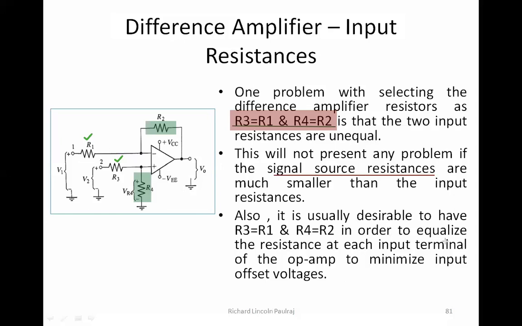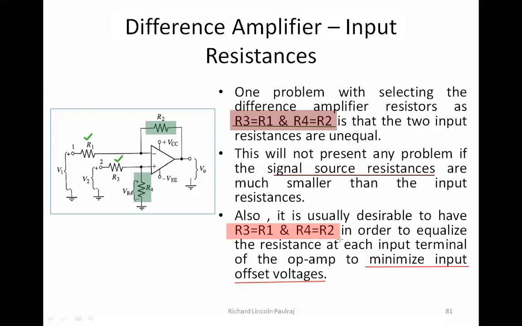Also it is usually desirable to have R3 equal to R1 and R4 equal to R2 in order to equalize the resistance at each input terminal of the op-amp to minimize input offset voltages. Now this is important here: to minimize input offset voltages, we need to take up this combination, which is R3 and R1 being the same, R4 and R2 being the same.